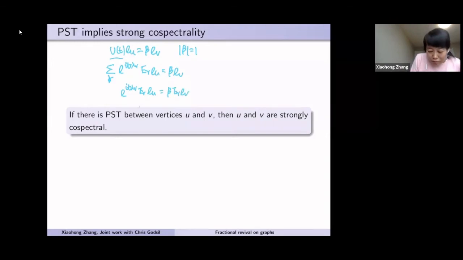Beta has modulus 1, so its inverse is just its complex conjugate. Again, those two vectors are real, and this scalar has modulus 1. It must be positive 1 or negative 1. So that means this happened. The two vertices are strongly cospectral.